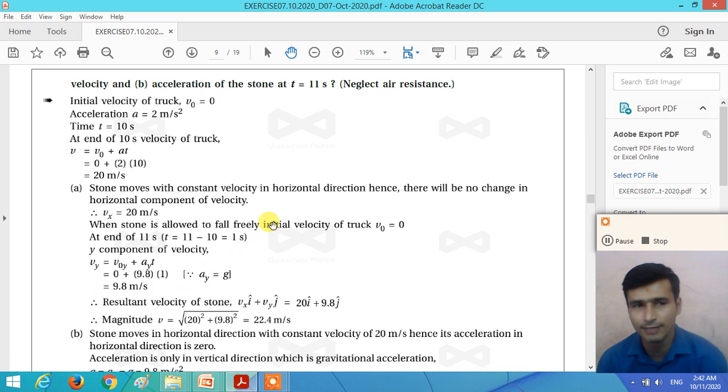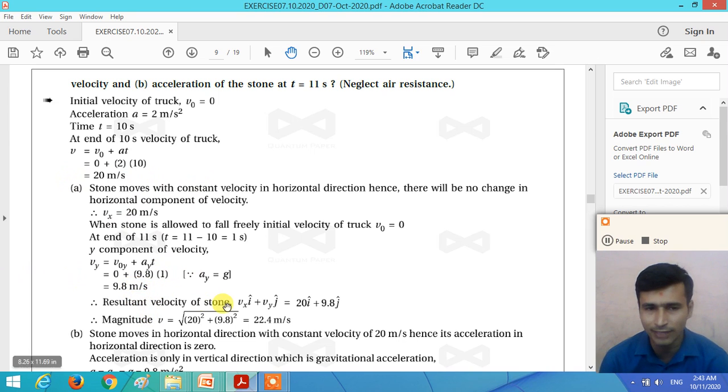So for the resultant velocity, the x component of the velocity remains constant because here it is the projectile motion of the stone, and the horizontal component of the velocity remains constant, right? So vx is equal to 20 meter per second and the vertical component vy is equal to 9.8 meter per second.